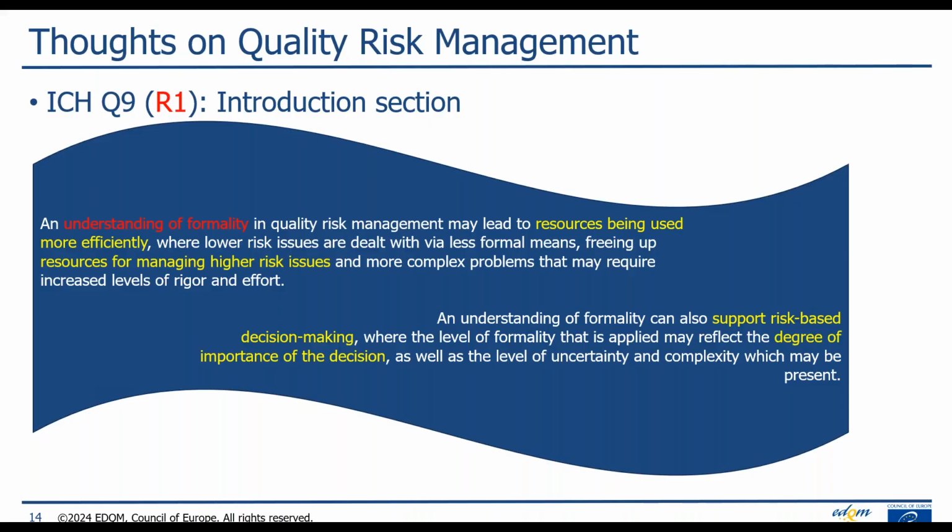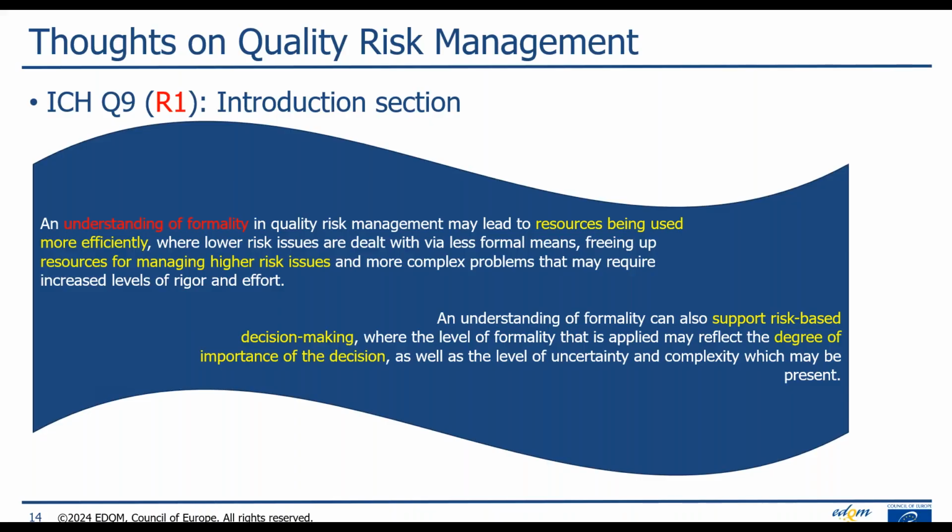Also, to use the resources more efficiently, and when balancing between lower and higher levels of formality, to assign the resources of the firm to the more risky issues that need to be tackled by quality risk management. So what the regulators did, in conjunction with the industry, was to bring up a revision of ICH Q9 which really reflects that.